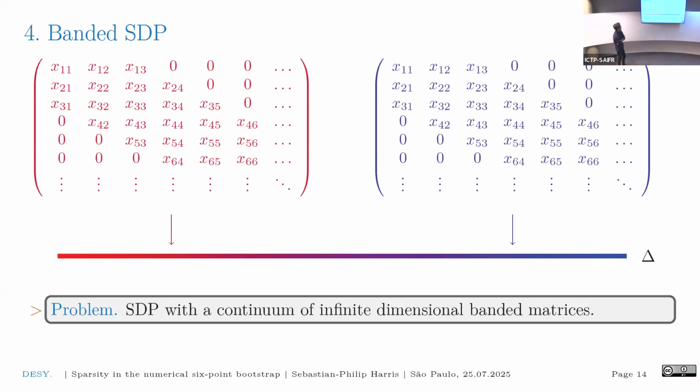However, it's a commonly known fact in sparse semidefinite programming that whenever you have semidefinite programs involving large sparse matrices, it's possible to reformulate these in terms of a couple of semidefinite programs involving smaller dense matrices that are coupled together.